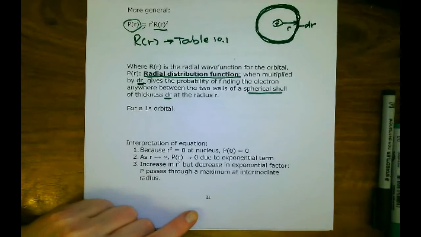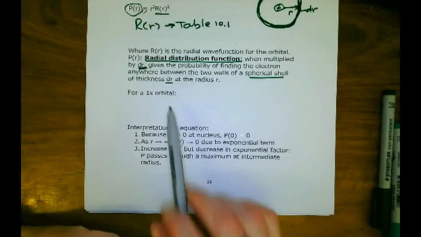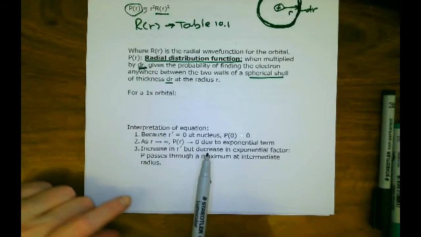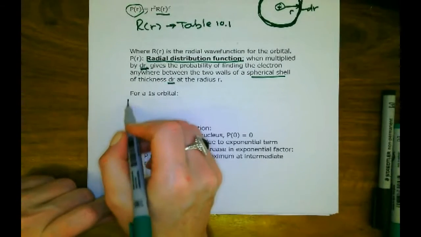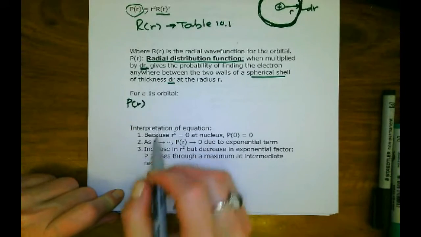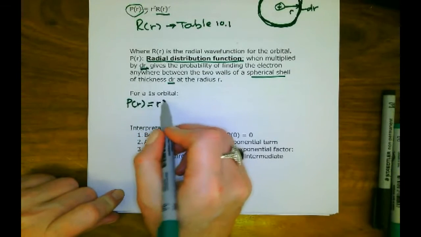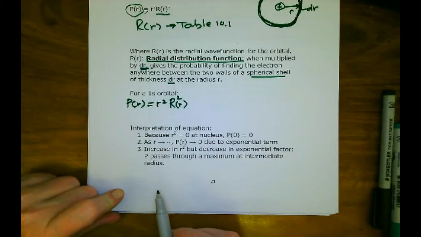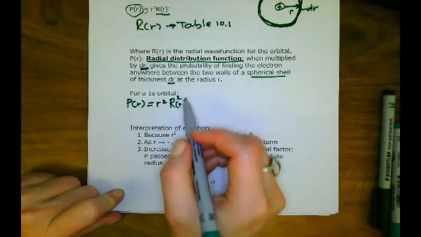So let's look at the radial distribution function for a 1s orbital. There's our formula for radial distribution function.